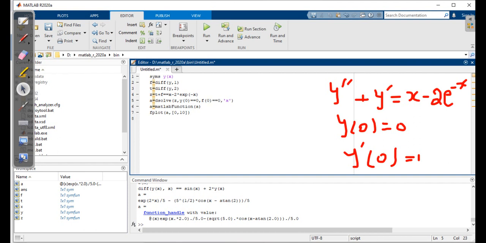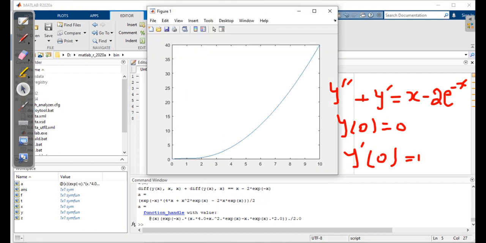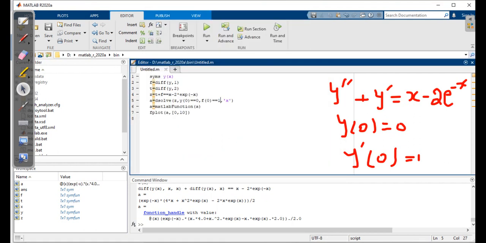So now plot it and get the results. Yes, very nice, we did it. So this is how we can solve an ordinary differential equation using MATLAB. Hope you enjoy the video and you learn more.